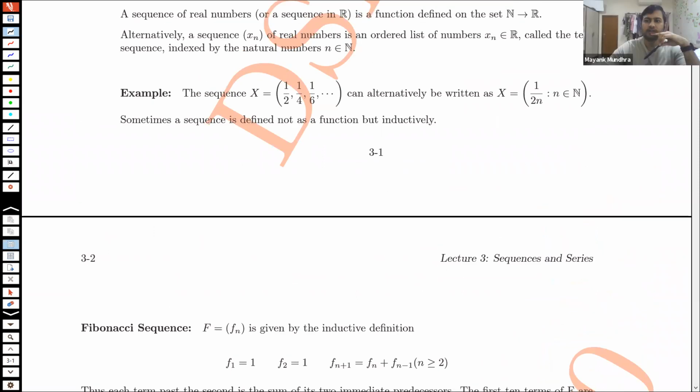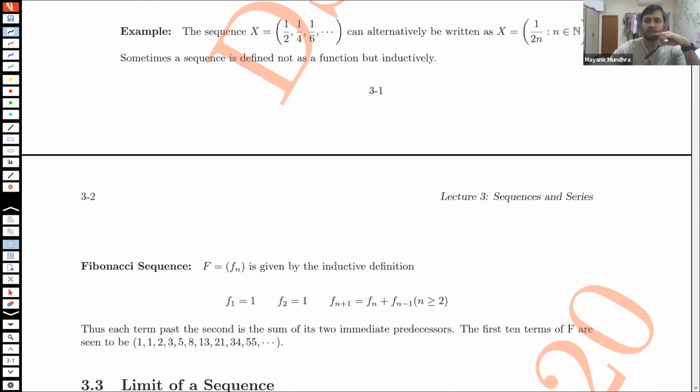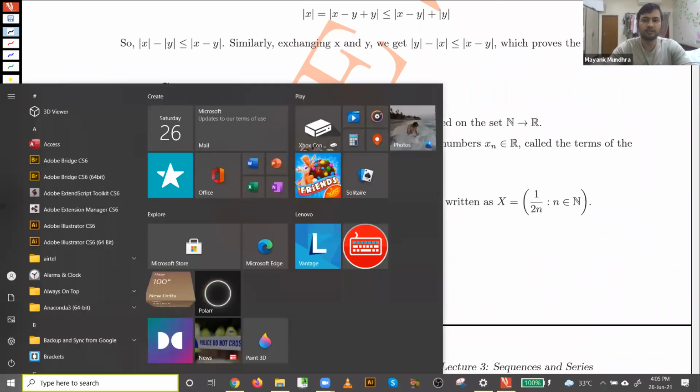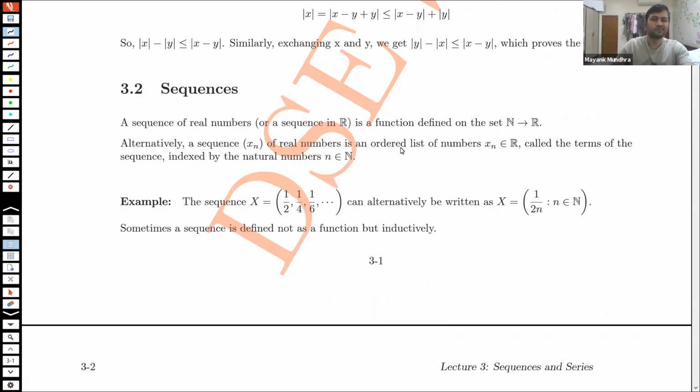All right, so we started with sequences. The technical definition of a sequence is basically a function defined from the set of natural numbers to the set of real numbers, right? So that's the technical definition.